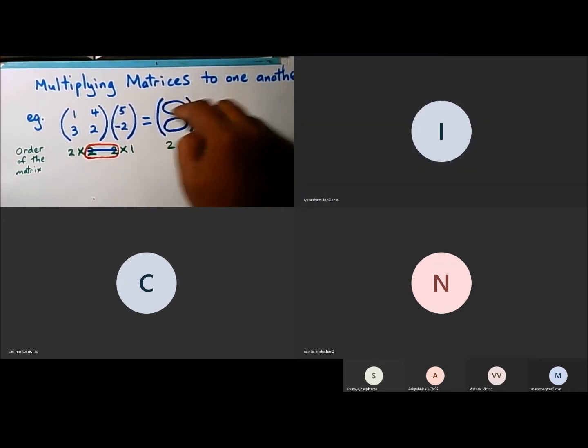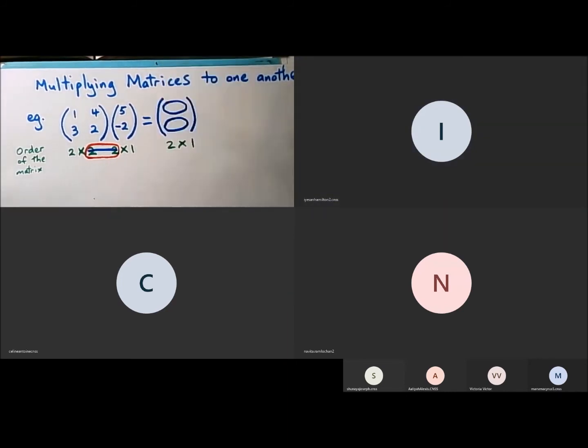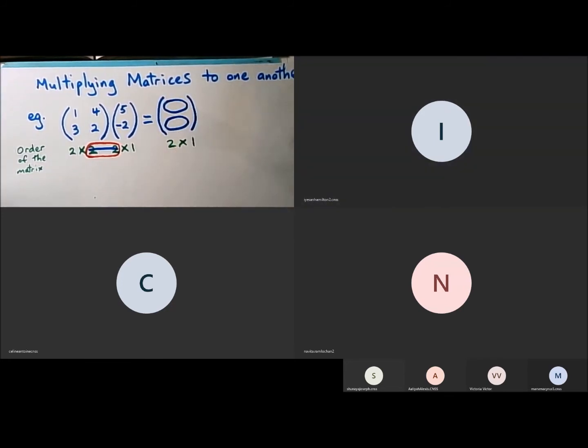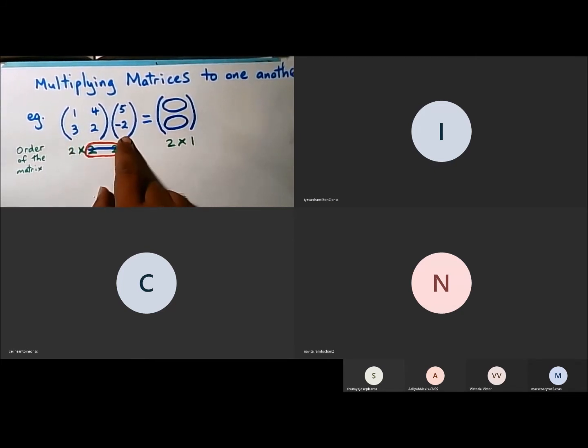I'm going to have 2 rows, so one number here and one number here, 1 column. I'm not sure what number it's going to be as yet, but I've predicted that when I multiply this fat one and this skinny one, we are going to get a skinny child.